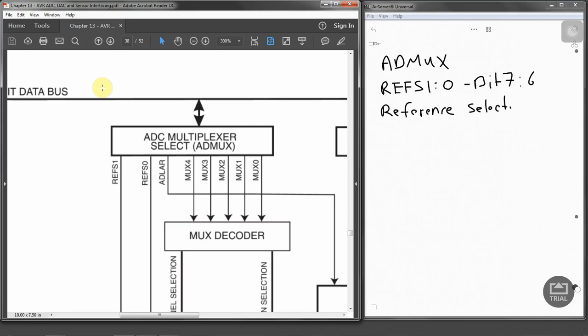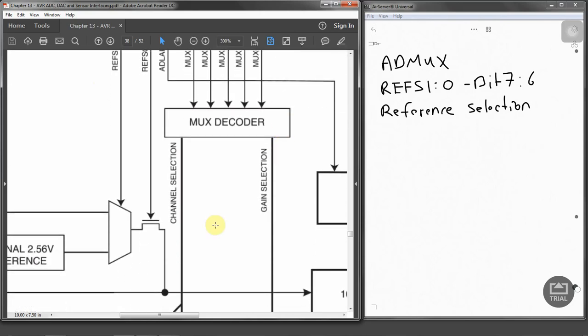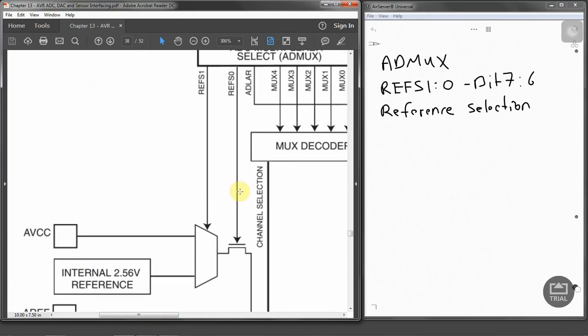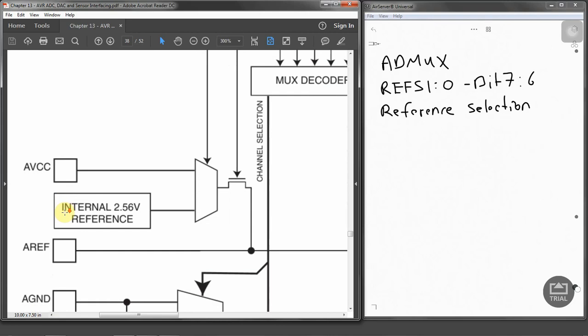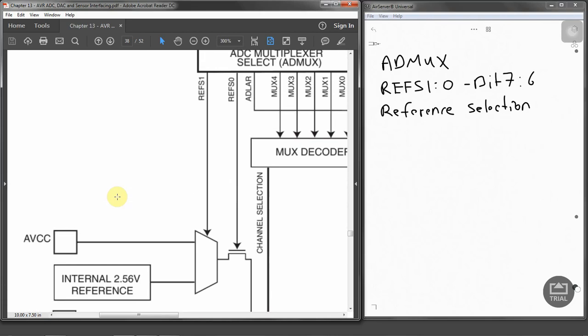When you want to select the reference voltage, which goes down to the internal circuitry, from either the external sources, we can either choose the AREF pin or the AVCC pin, or we can just use the internal 2.56 volt reference voltage.